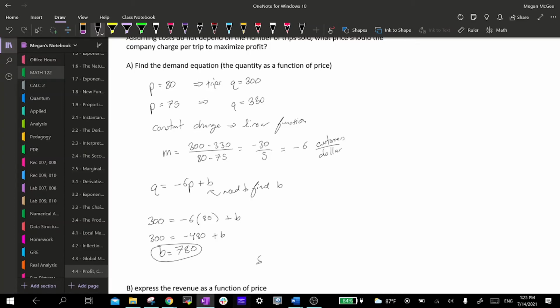Our demand equation is Q equals -6 times the price plus 780.